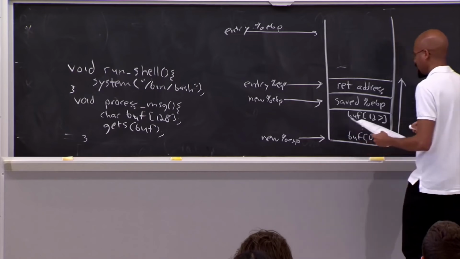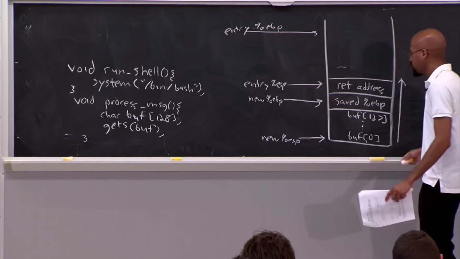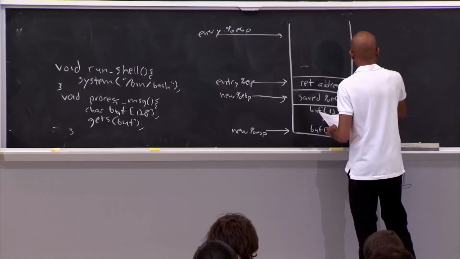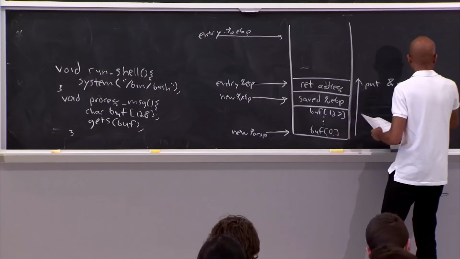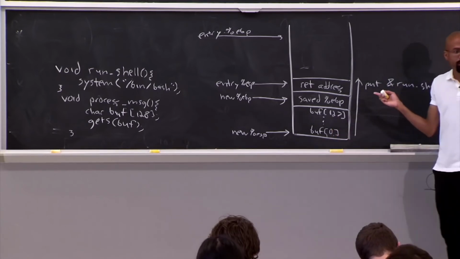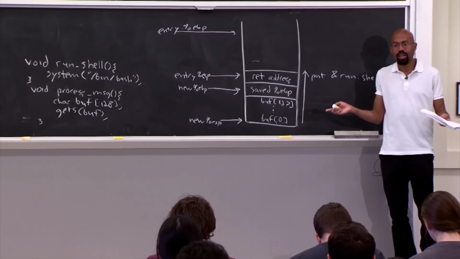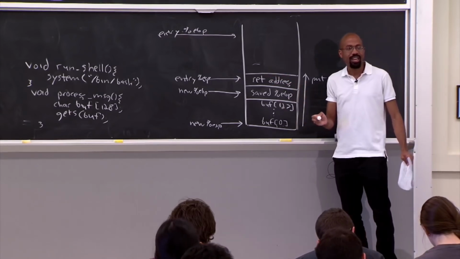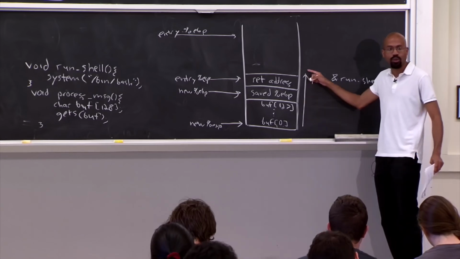Basically, in the attack, like I said, we've used GDB to figure out the address of run_shell. So in the buffer overflow, we can just put the address of run_shell right here. This is a pretty straightforward extension of what you already know how to do. If we conveniently have a command that runs a shell, we can disassemble the binary, figure out where that address is, and put it in this overflow array.